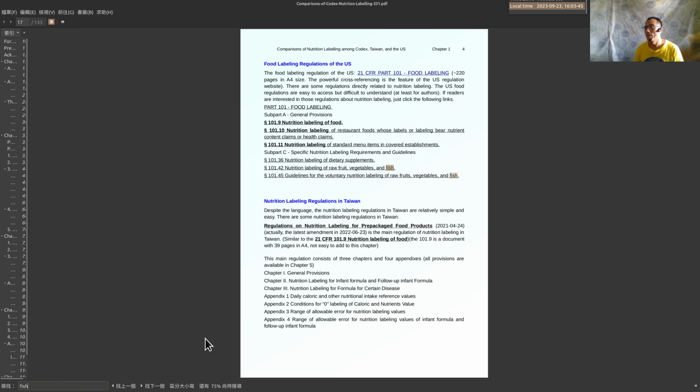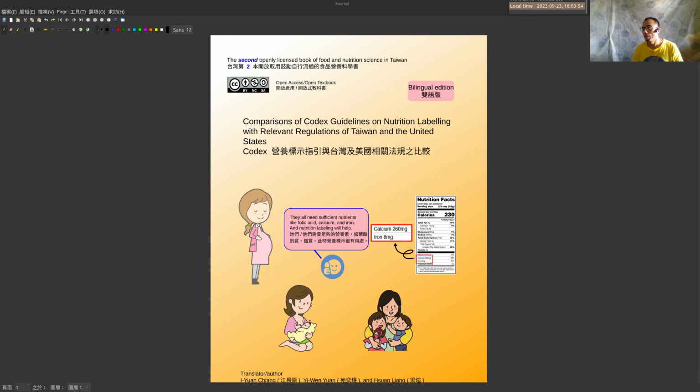Yes, there is a fish. Okay, I just got the search result here. But you cannot use this function if you use the annotation software because it's not a PDF reader. It's more like Photoshop image processing software.